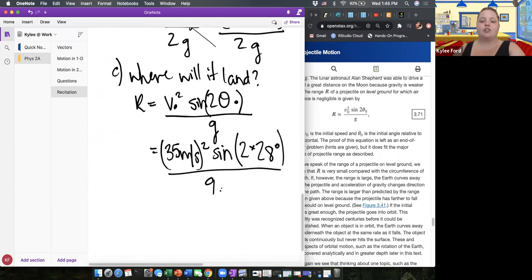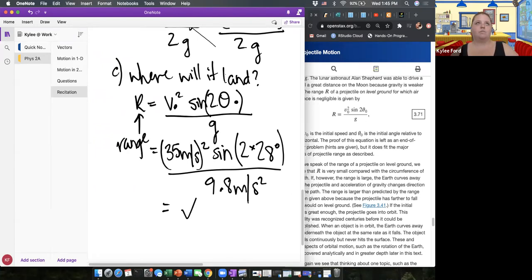Divide that by my g, 9.8 meters per second squared. Okay, and then that's how you get your range. So this is range, also the final position of whatever the object is, the ball, the rock, of a projectile motion, okay?